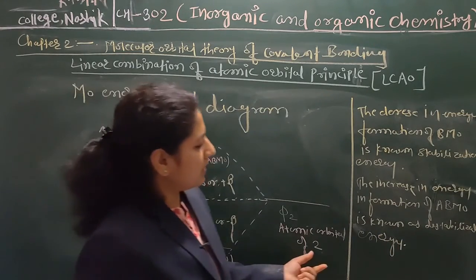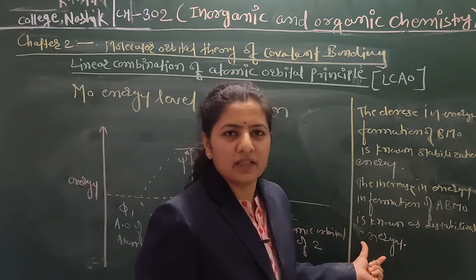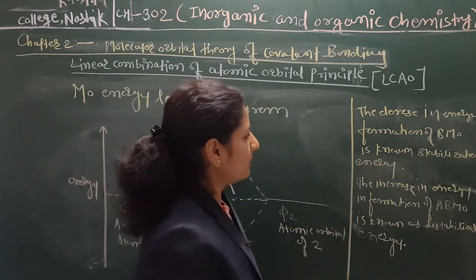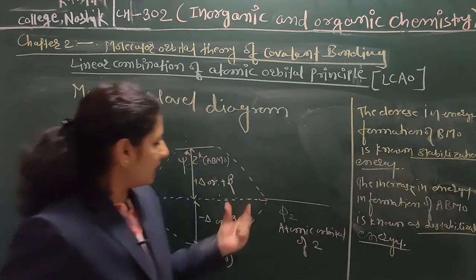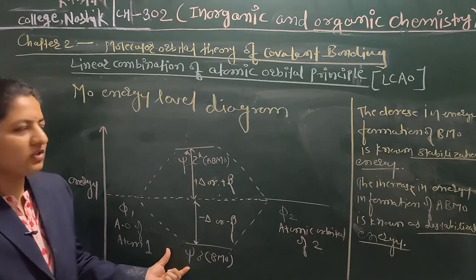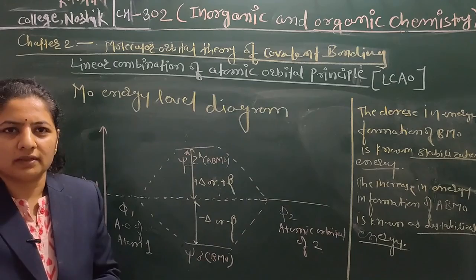And this decrease in energy is balanced by the increase in energy. So these are all the terms, stabilization energy and destabilization energy, regarding MOT, that is the MO energy level diagram. So we will stop here. Thank you.